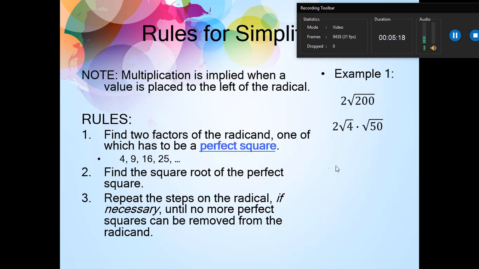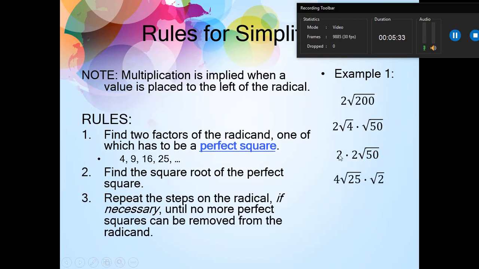So 2 times the square root of 4 is actually 2 times 2. So this radical 4 is rational. When I multiply these together, I'm going to get 4. But I also look at 50, and I know that there's more perfect squares in there.